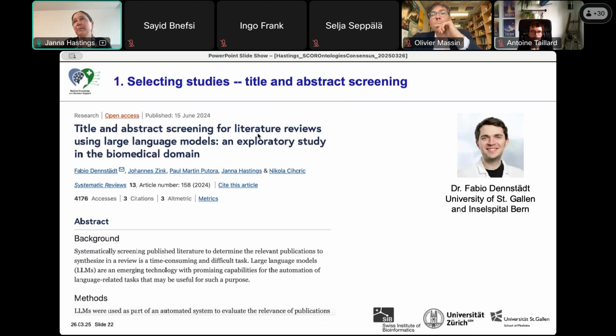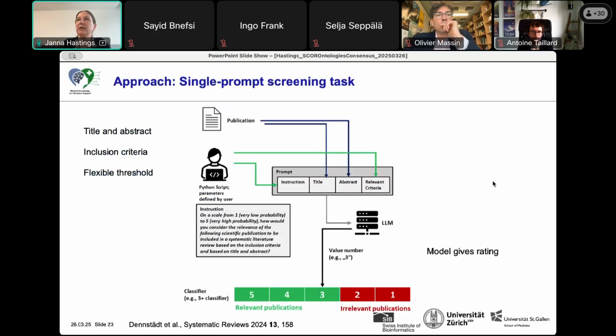This paper was published in the journal Systematic Reviews. What we did there is we applied several language models to the problem of automating the decision whether a given paper, as described by a title and abstract, should be included in a given systematic review, as described by a set of inclusion and exclusion criteria.